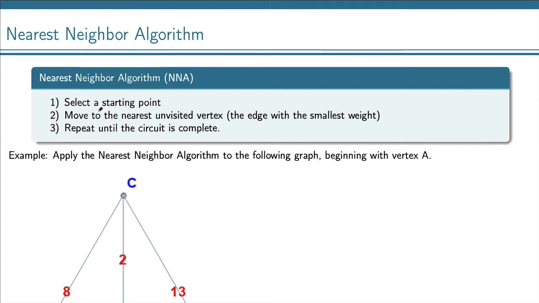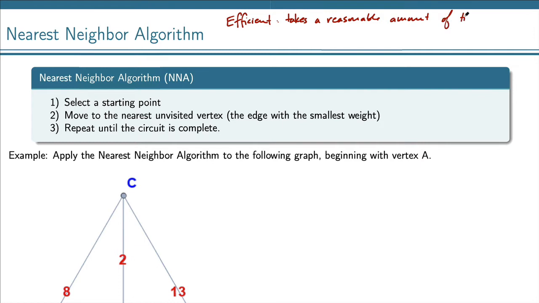So the nearest neighbor algorithm, abbreviated as NNA, is an algorithm that is what we call efficient. And an efficient algorithm is one that takes a reasonable amount of time.